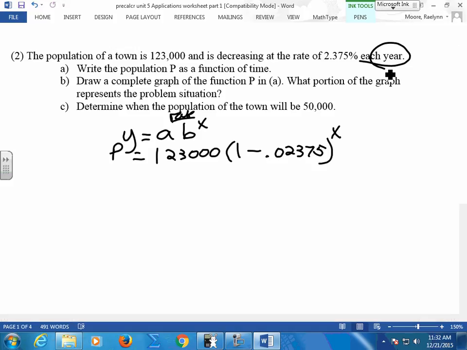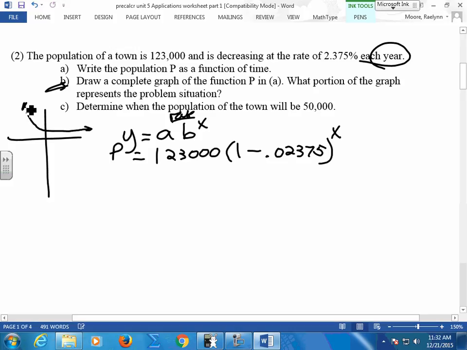Now, I'm decreasing. So, if I'm making a complete graph of this, what quadrant does this exactly come from? 2. So it starts coming from 2 and it starts decreasing. This is my complete graph. That's all you have to do. What's the situational problem?